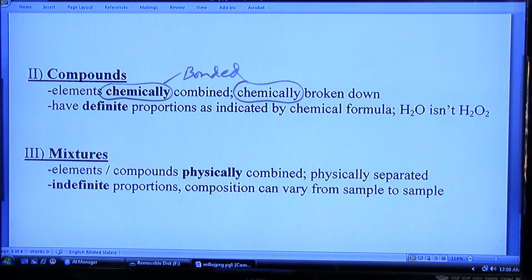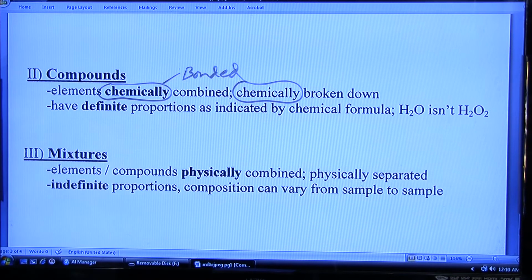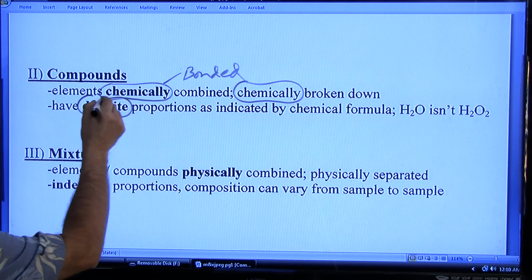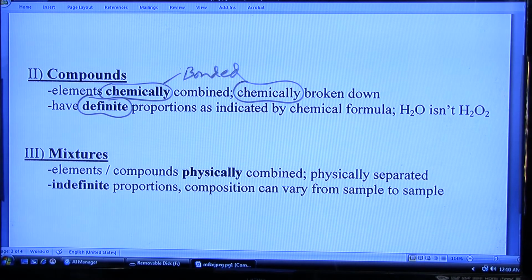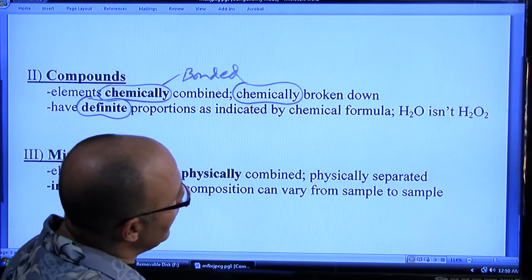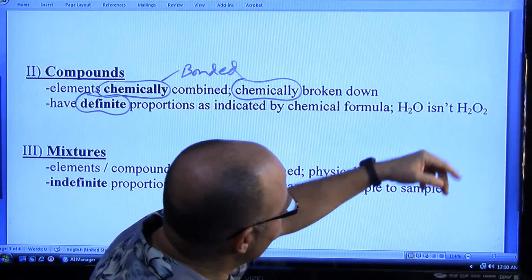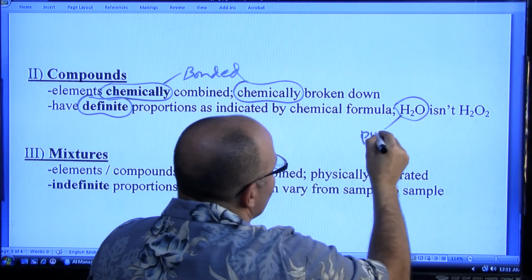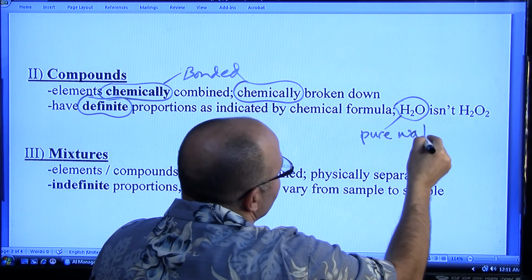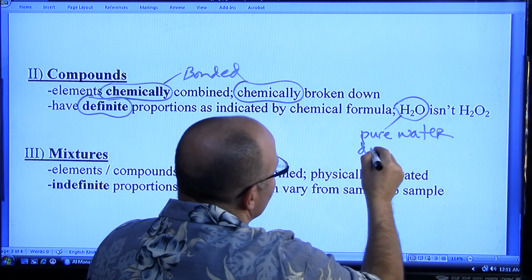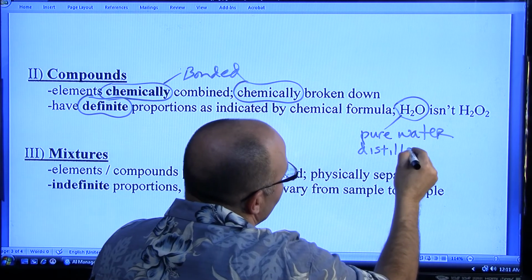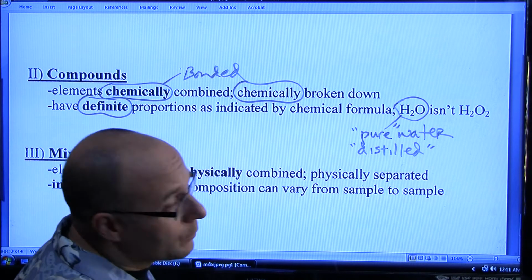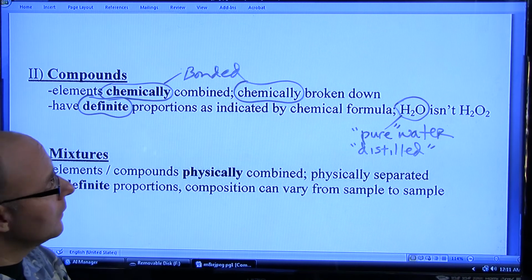So chemically combined, chemically broken down. The compounds, as you can tell from their formulas, have the elements in definite proportions. So as I said before, H2O isn't H2O2. H2O would be referred to as pure water by some, or distilled water, as opposed to tap water, which would come from the faucet, or rainwater.